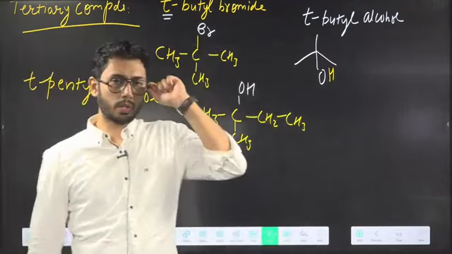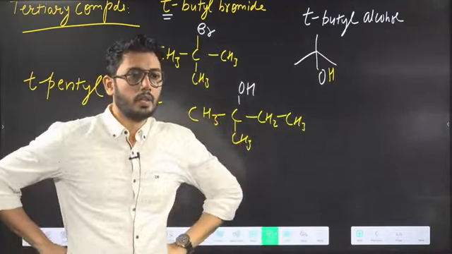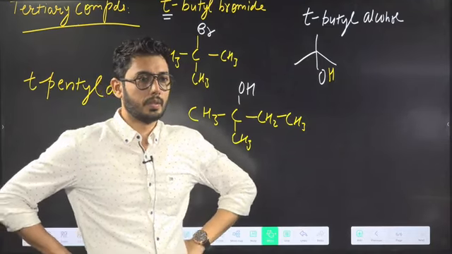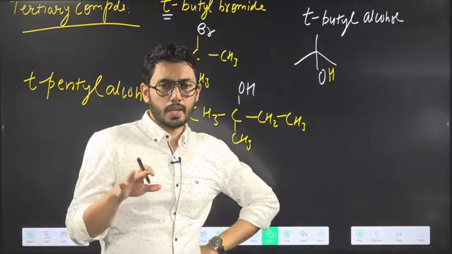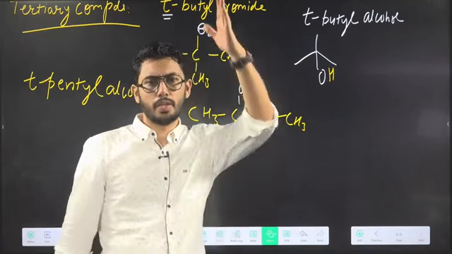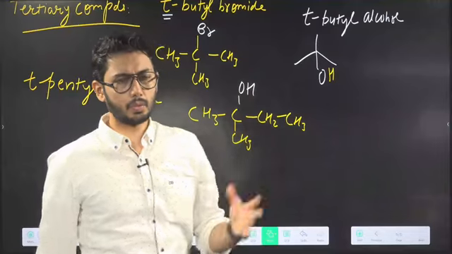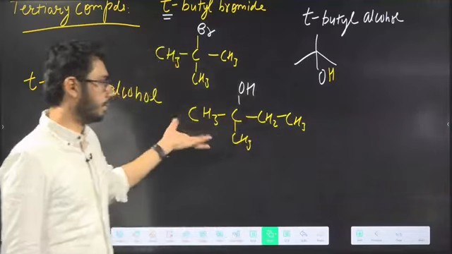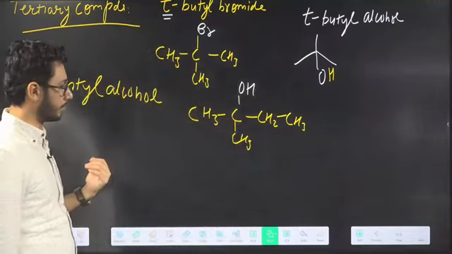This is the second introduction class. On the third class onwards, we will start with the actual detailing of the chapter. Till now we have done only introduction, some common names like this.